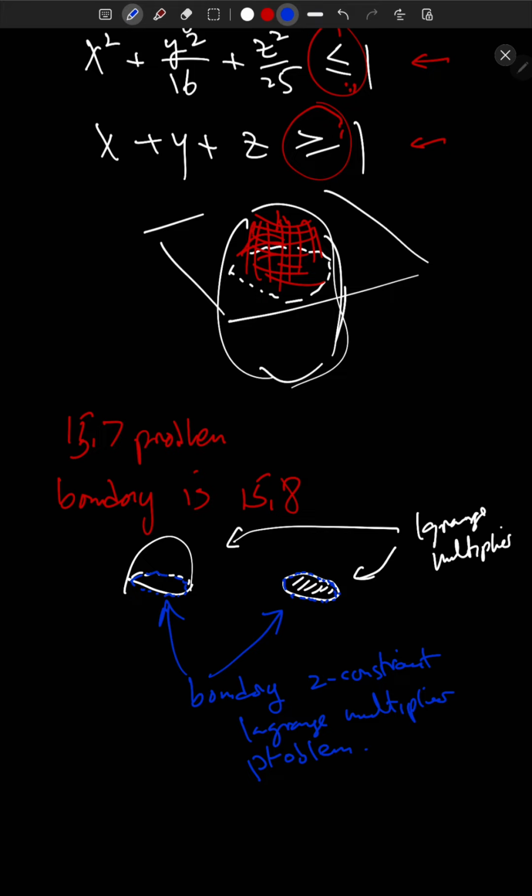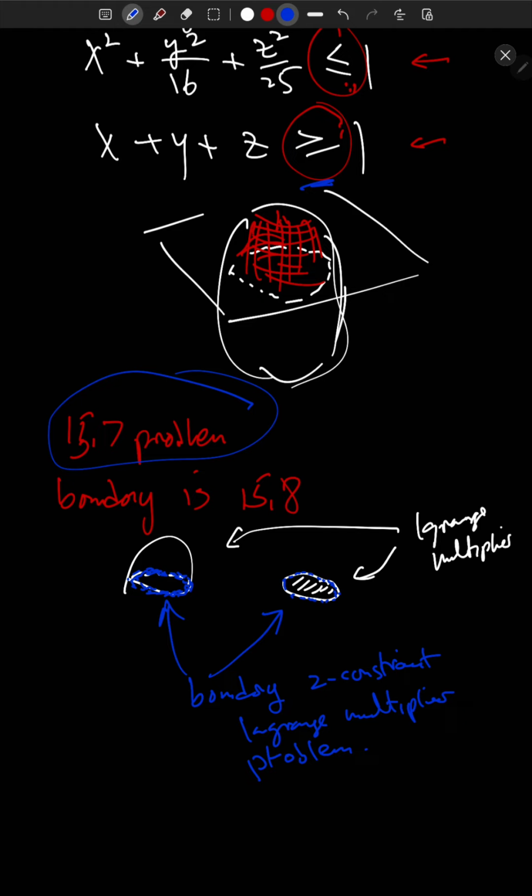And your 2 constraints are, what is this region defined by? It's on the ellipsoid and it's on the plane. So your G and H would be the equation of the ellipsoid, x squared plus y squared over 16 plus z squared equals 1, and then the plane x plus y plus z equals 1. Satisfying both those conditions gives me the circle right there. So this is a nice combo problem.